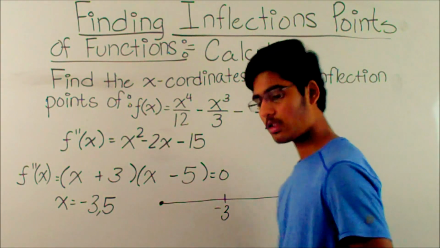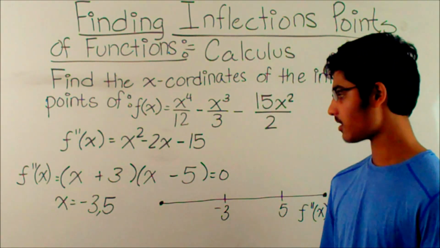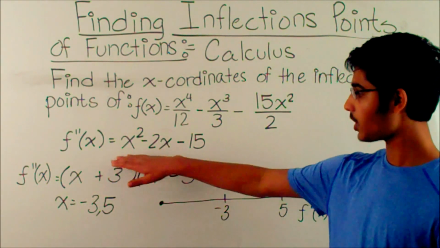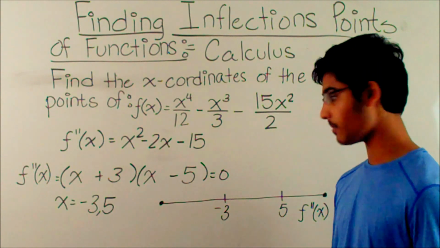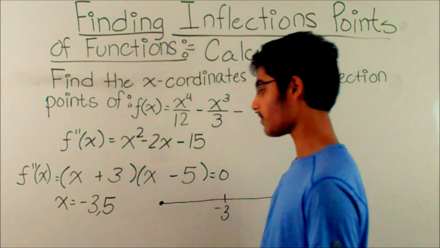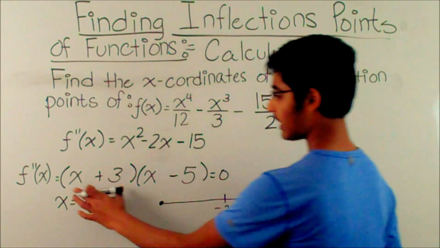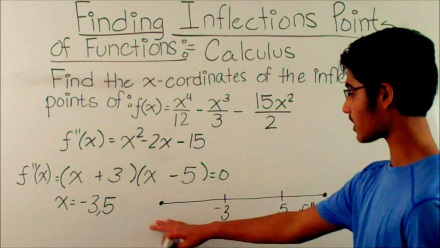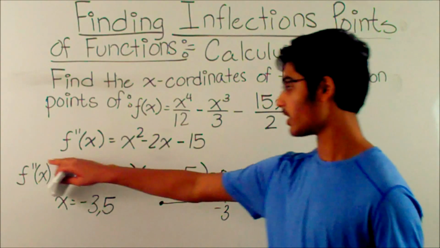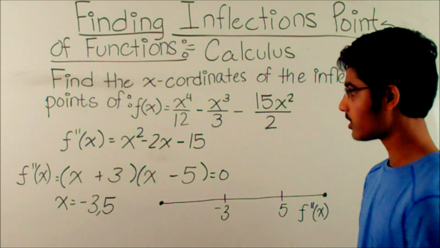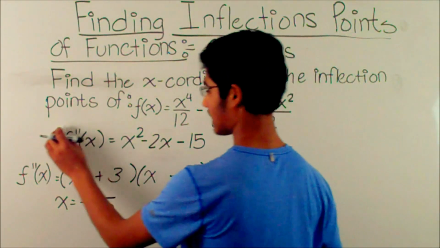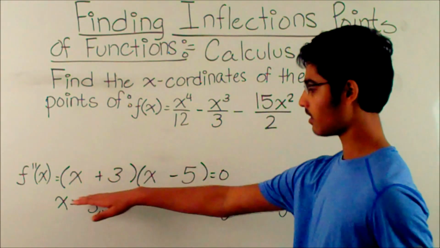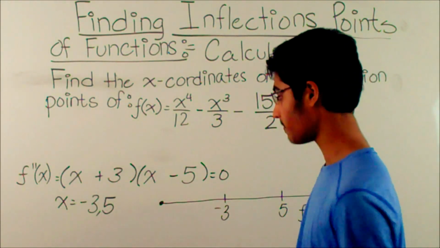So now we have to list the factors. So looking at these two factors, or just this one factor, which one would be easier to use? Looking at two simpler factors would be easier to use for our sign line than just looking at this one big function here. So let's erase f prime of this first one here, so we can use this simpler version, which is just the factored down version.